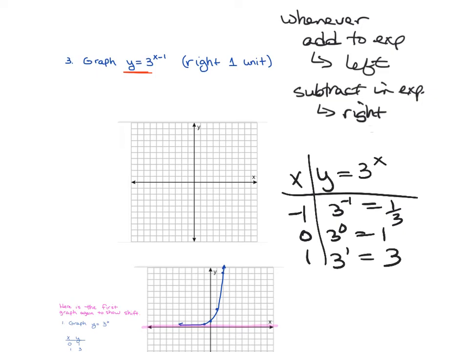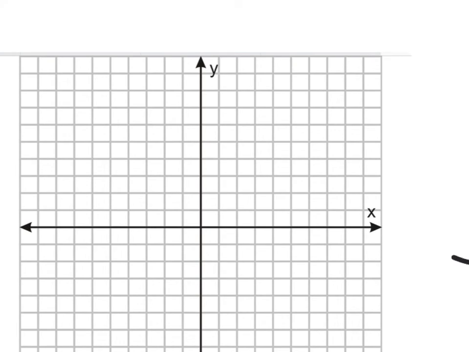So let me graph these 3 ordered pairs, and again, the graph is right here, but I'll redo it up here. So again, 0, 3, 1/3, and now I take each one of these points and I'm going to shift them 1 to the right. So to the right, to the right, to the right, and then connect them. And this would now be y = 3 to the x - 1 power.